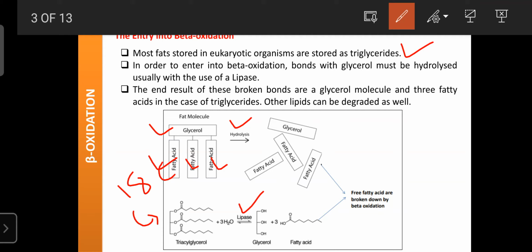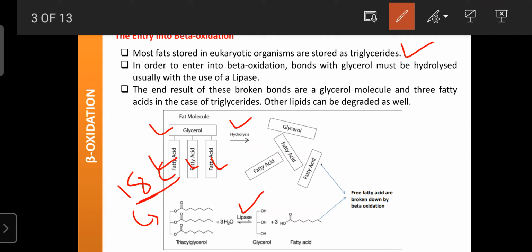So if the fatty acid consists of 18 carbon atoms, the beta oxidation runs in 8 cycles, and finally the fatty acids are metabolized. It can yield a lot of ATP, and the fatty acid does not directly enter into beta oxidation. There is a need for activation of the fatty acids, or separation of the fatty acids from the glycerol, which is known as hydrolysis.